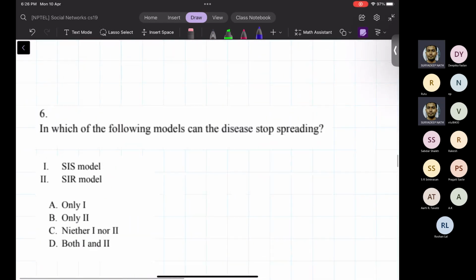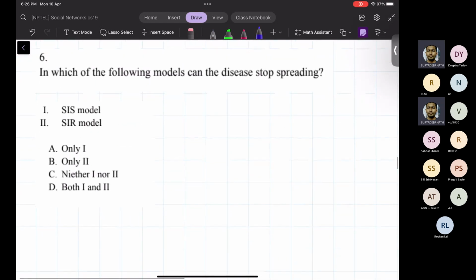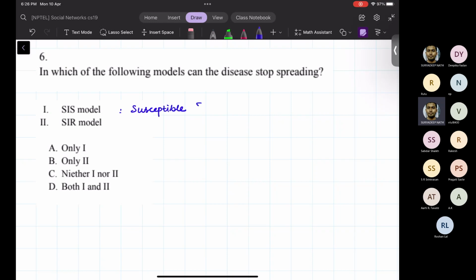Coming to the next question, question number 6. In which of the following models can the disease stop spreading? You have two models, the SIS model and the SIR model. SIS stands for susceptible, infected, and again susceptible.